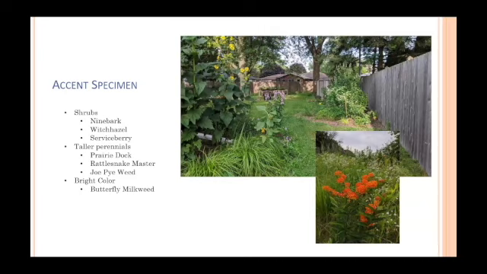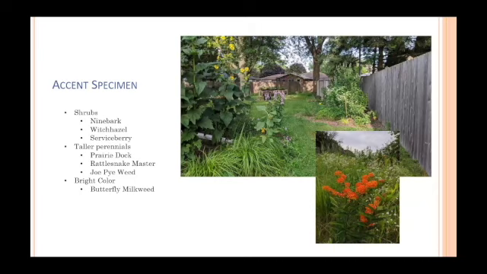It's also nice if you have a 2-story house to bring that scale down to human level, so it's not such an abrupt distance that you're changing vertically. Taller plants like prairie dock, rattlesnake master and Joe Pye weed are all really good tall perennials that hold their structure really well and can be good accents.